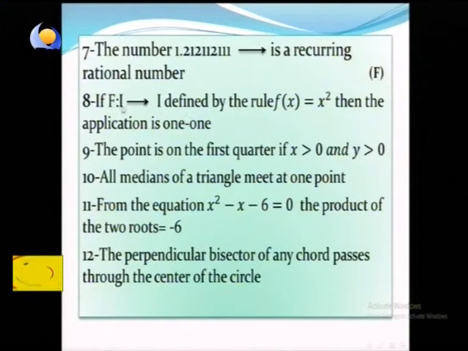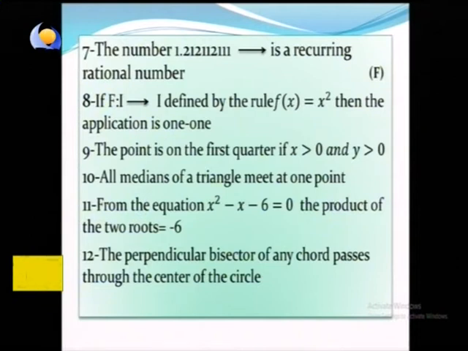Number 8, if f is a function from Z to Z, defined by the rule f of x equals x squared, then the application is 1 to 1. If I want to examine a question like this, I need to draw a small arrow diagram aside to see if it is 1 to 1 or not.